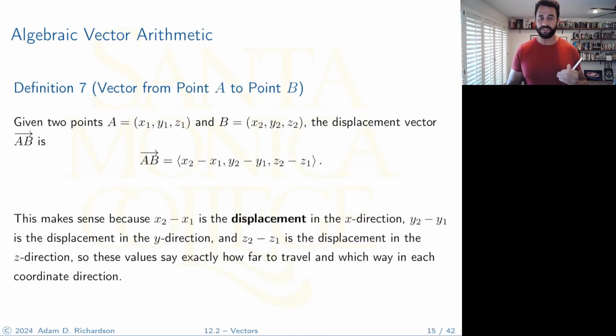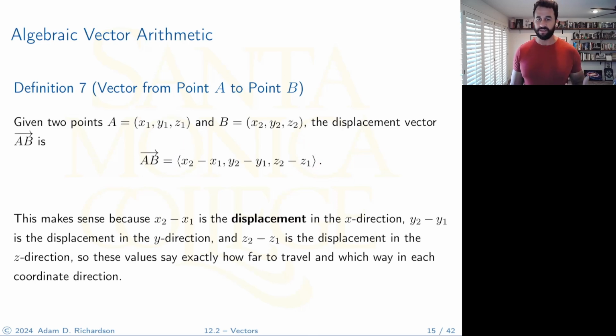All right, so doing some algebraic vector arithmetic, how do you get the displacement vector when you know the components? If we're given 2 points, A and B, then the displacement vector that goes from A to B is given by taking the difference of the respective coordinates: x2 minus x1, y2 minus y1, z2 minus z1, and that's the vector.